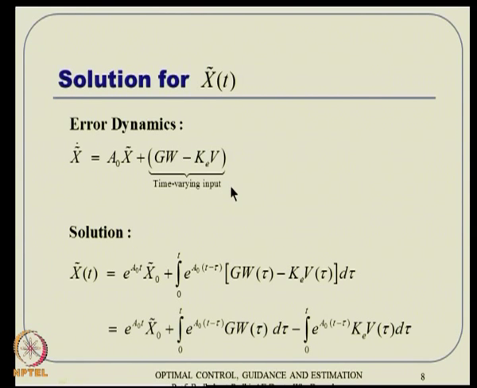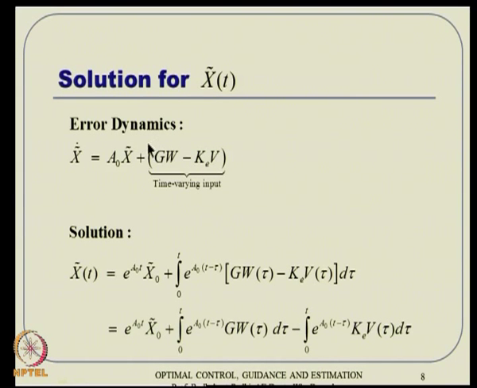The first thing is, what is the solution of that? To get a solution, you can think of this part as nothing but a time varying input. It is randomly varying, but it is still a number basically. It goes into the dynamics and tries to alter it, so it is a time varying input if you see it that way.